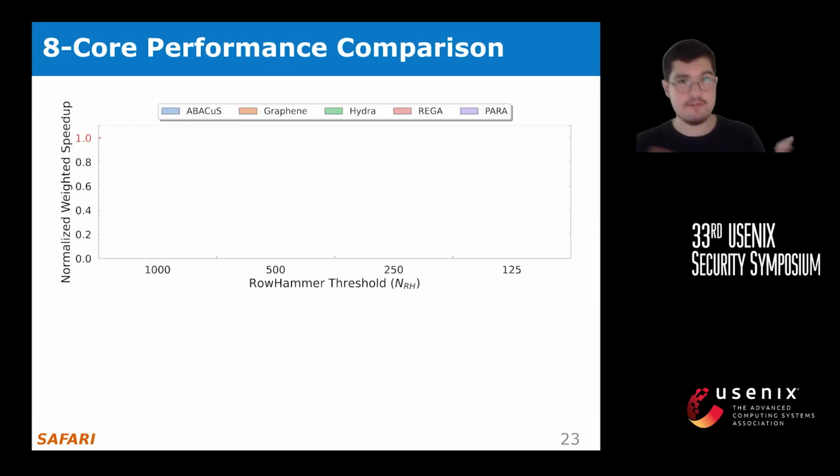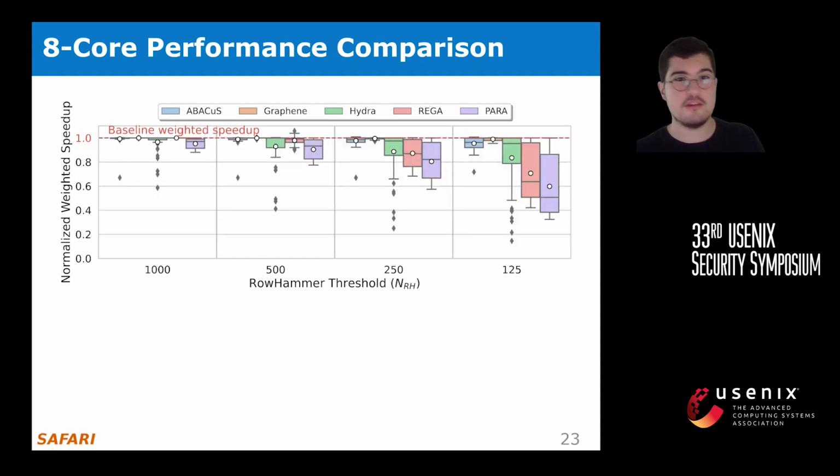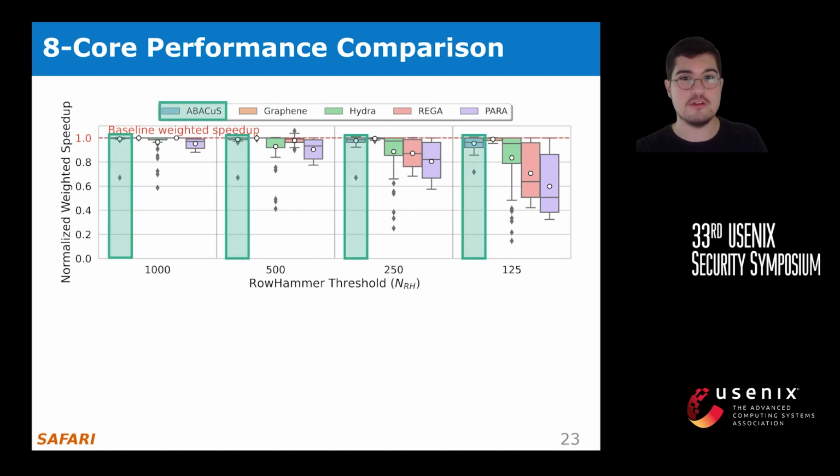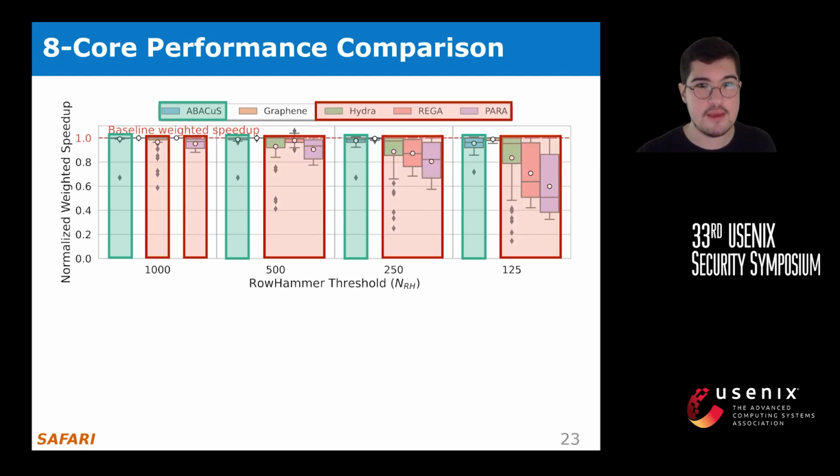This plot will eventually show 8-core multi-programmed performance distribution across all workloads on the y-axis for ABACuS and the 4 state-of-the-art mitigation techniques. Now here, higher values indicate better system performance. This is the full plot. Here are the boxes for ABACuS showing the distribution of performance across all tested workloads. And the red boxes here show you the mitigation and RowHammer threshold configurations that ABACuS outperforms.